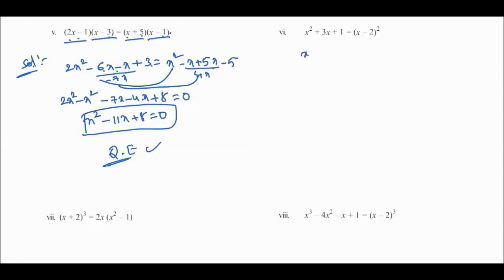So here x square plus 3x plus 1 equal to x minus 2 whole square, na. So this one is the a minus b whole square formula. So a square minus 2ab plus b square. So x square will come here on this side and this side. So it will get cancelled, na.